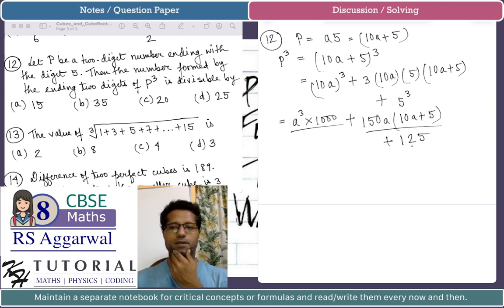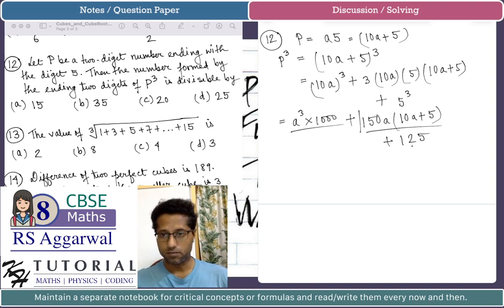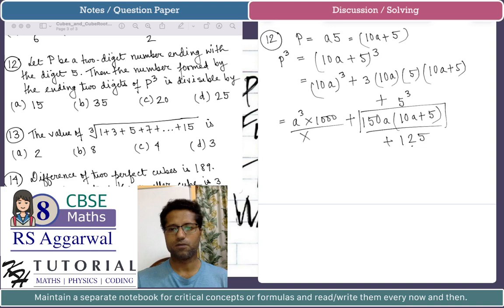150a multiplied by 10a plus 5 will obviously end with a 0. But what will be the digit at the tens place of this value, that is 150a multiplied by 10a plus 5? Definitely this term is not playing any role in determining the two ending digits of p cube.